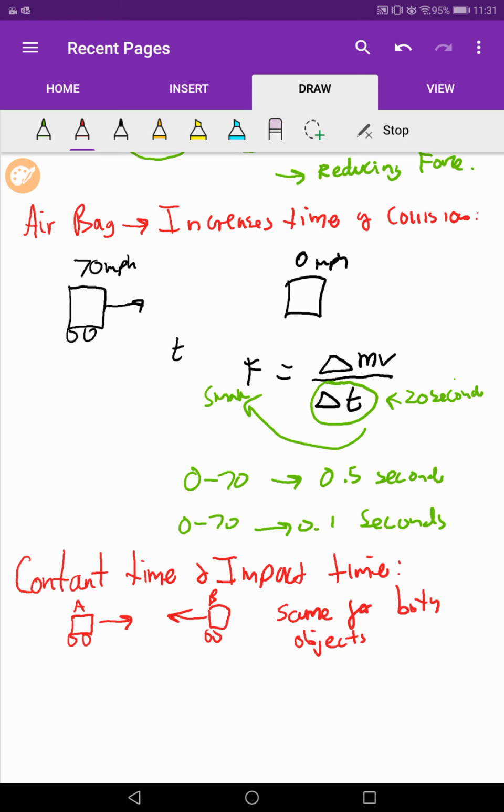And as we've said, the shorter the contact time, the greater the force.